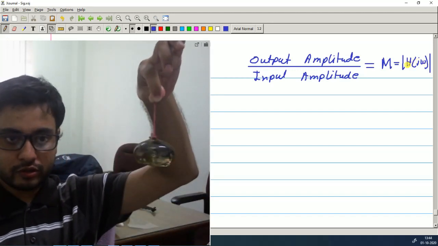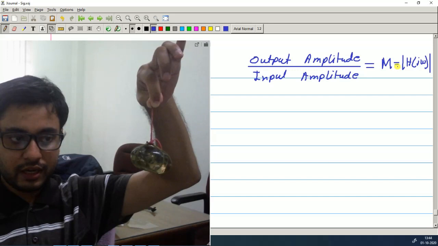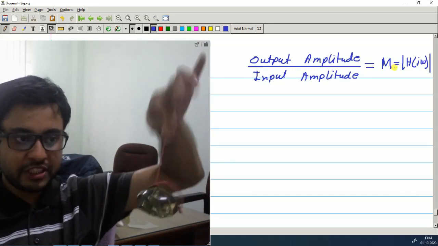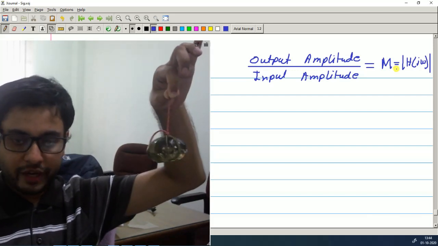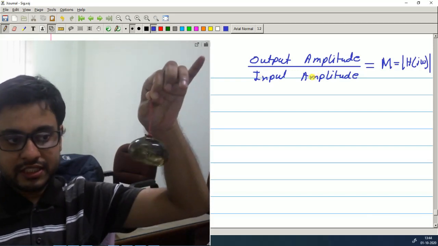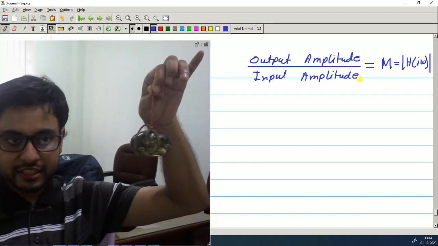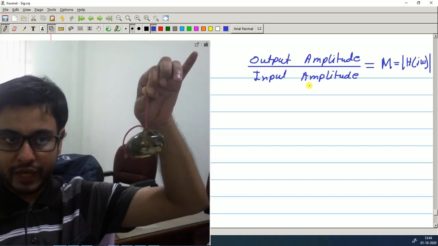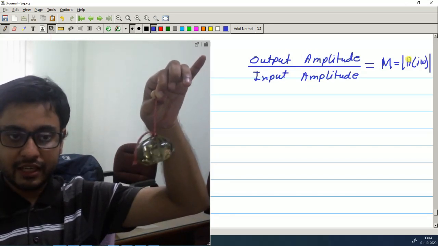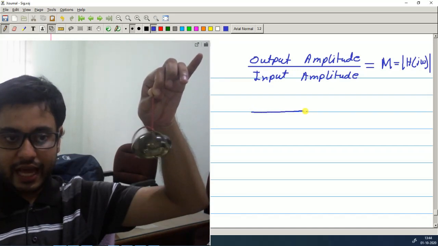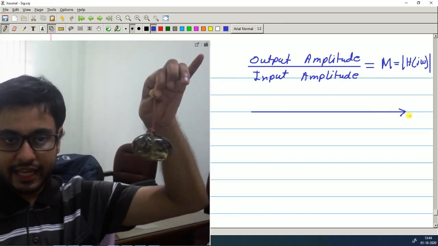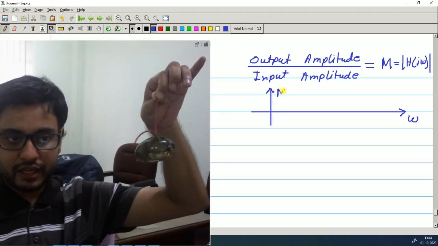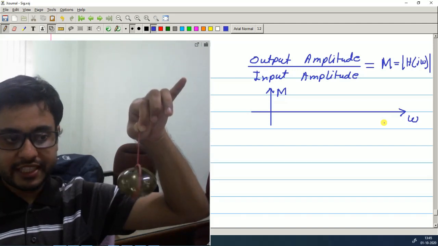And I can also change the frequency of input, like now the frequency is very slow and now the frequency is very fast. So I will change the input frequency, and you have to find this ratio of output amplitude and input amplitude at different frequencies, and then we will plot that as a function of omega. Okay, m versus omega.